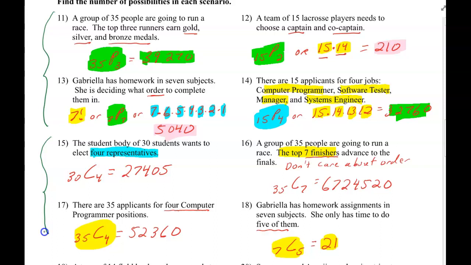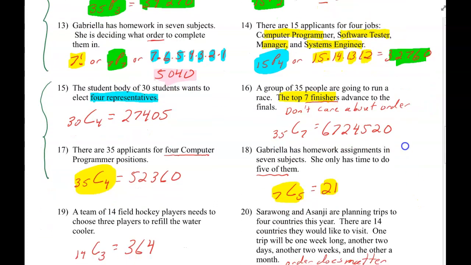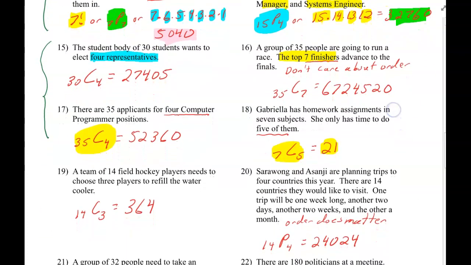And the next couple of problems, I scrambled the order a little bit. If you look at number 19, it doesn't matter the order. You're just choosing 3 players, so 14 choose 3. In number 20, it does matter.